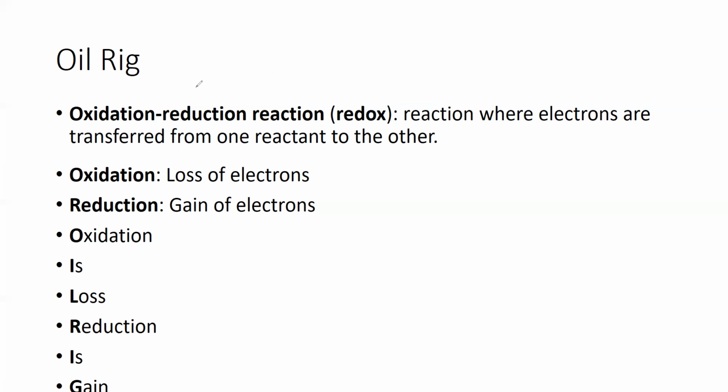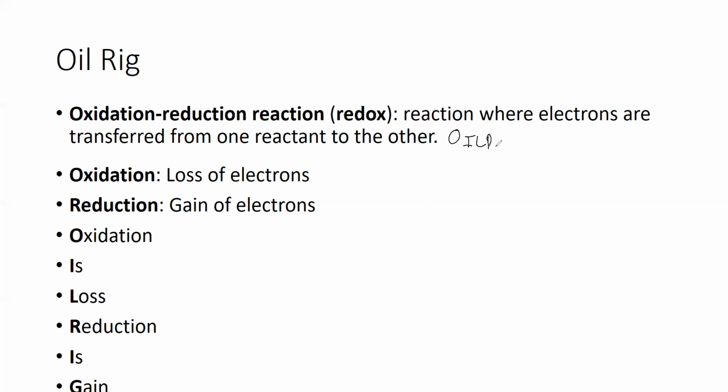Our terms with this is that if something goes through oxidation, you lose electrons, while if something goes through reduction, you gain electrons. And the phrase that everybody learns in Gen Chem and that I want you to start burning into your memory is OIL RIG.